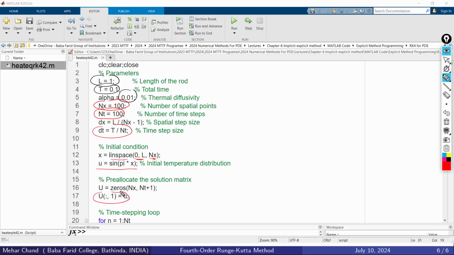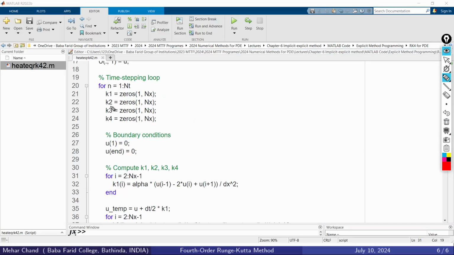This will be the values of all the points initially. Okay, so when we have t is 0, the index is at the place 1. So for all values of x this will be equal to u, computed corresponding to this initial temperature.